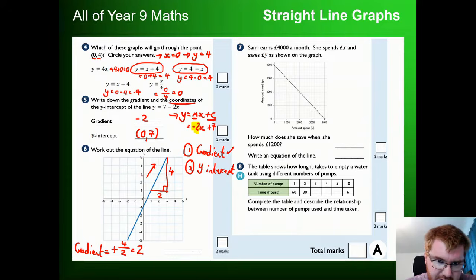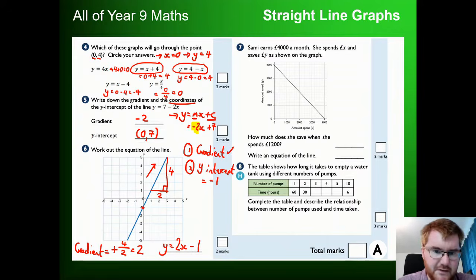And notice it crosses the y-axis at -1. So the y-intercept will be equal to -1. And now we use this formula from before. So y equals, the gradient is equal to 2, so we're going to put a 2 in front of the x, and then plus c, well, our y-intercept is -1, so we just then put -1, like so.